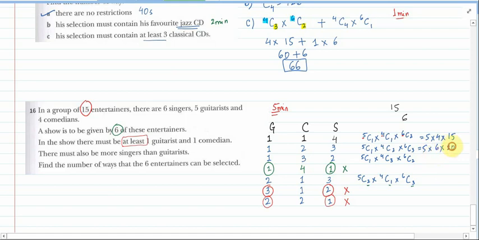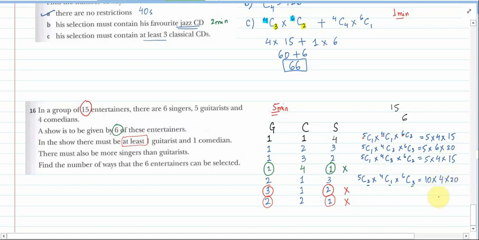After that, 5 combination 1 is 5, 4 combination 3 is 4, and 6 combination 2 is 15. Alright. 5 combination 2 is 10, 4 combination 1 is 4, and 6 combination 3 is 20.